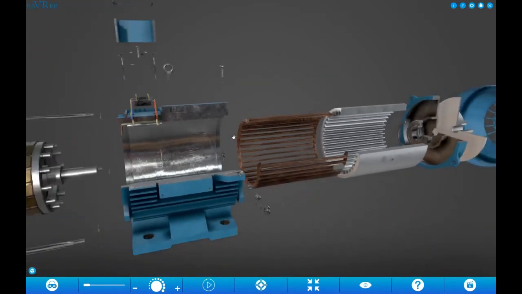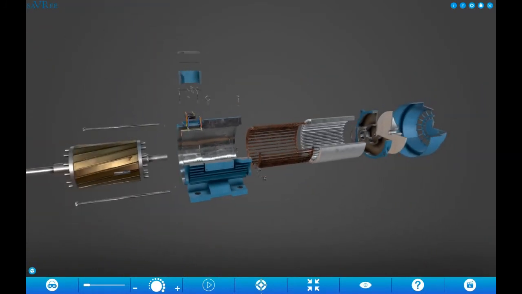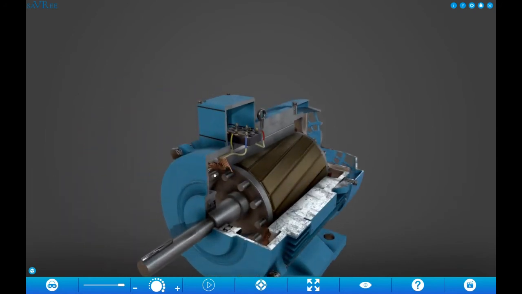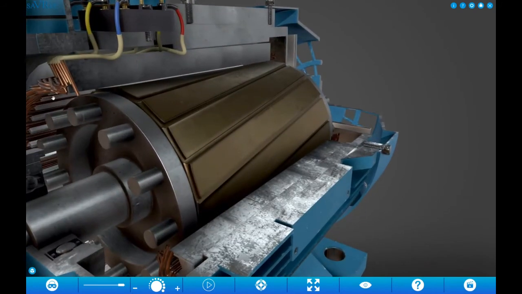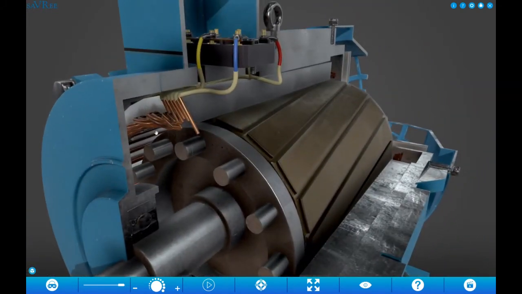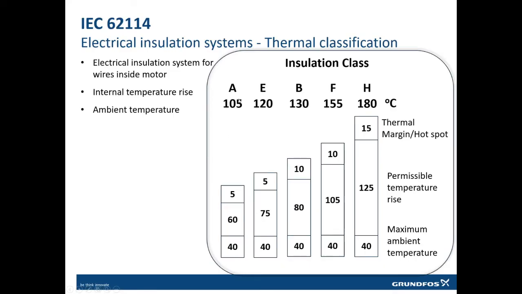Now where is this winding? This winding is actually inside the motor here. That means the temperature here shall not increase beyond these values. Now if I say my insulation class, this is the quality of the material used for insulation.